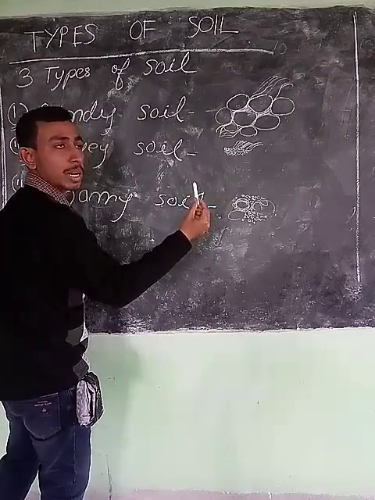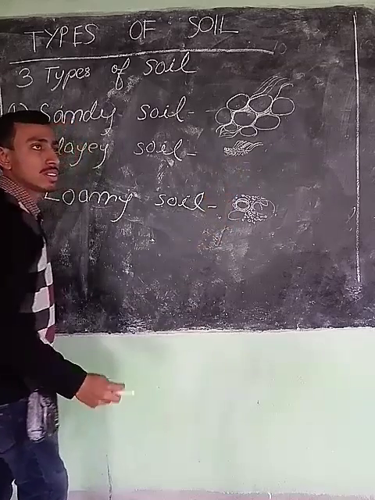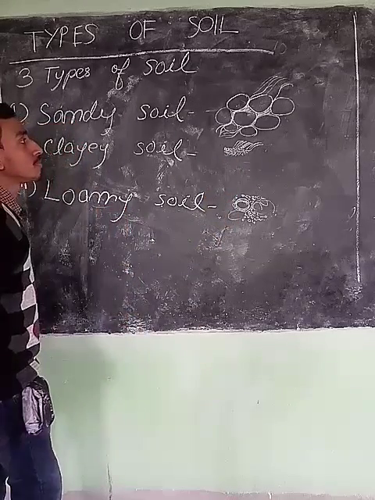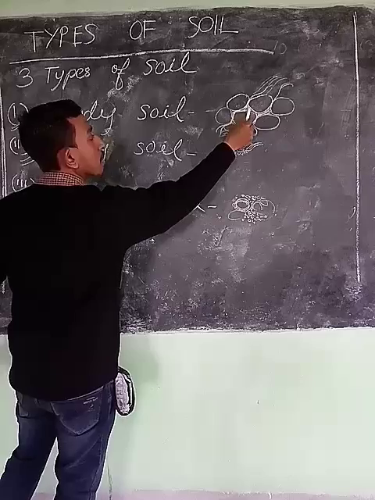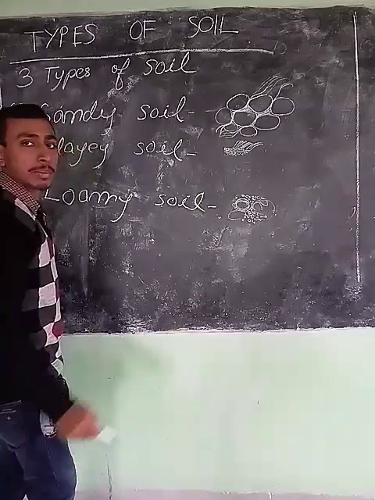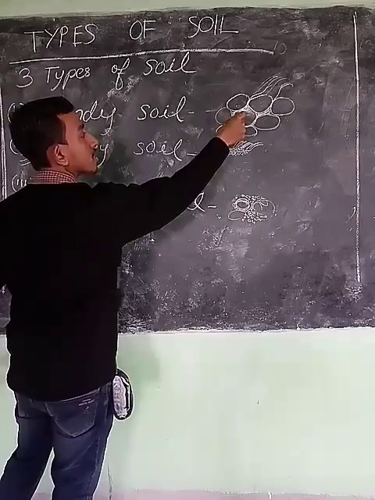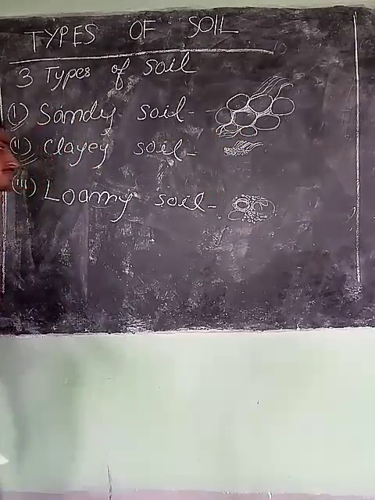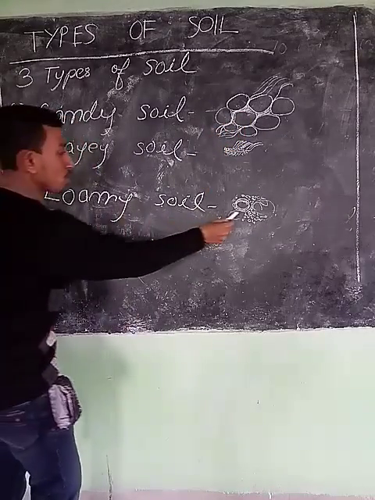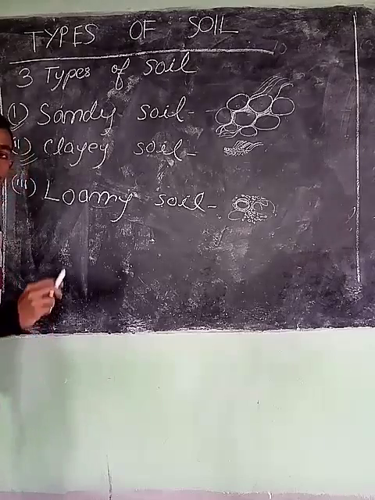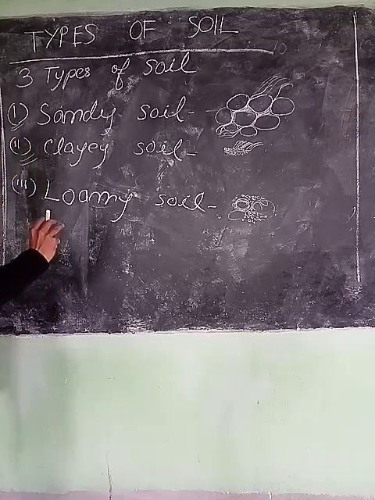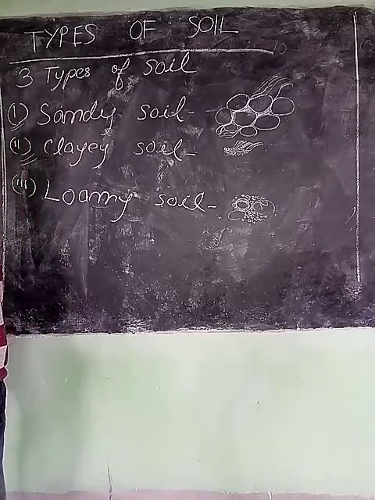The water holding capacity of clay soil is very good, but in sandy soil it is not very good, because water easily drains out. But the loamy soil has the right water holding capacity. Okay.